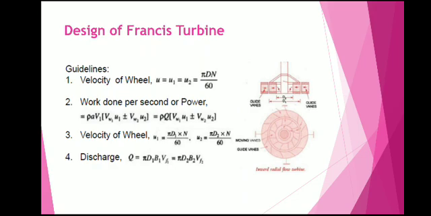Velocity of wheel u1 equal to pi D1 into N divided by 60. Similarly u2 equal to pi D2 into N divided by 60. Discharge Q equal to pi D1 B1 Vf1, which should be equal to pi D2 B2 Vf2.